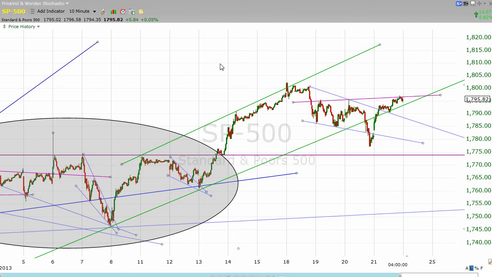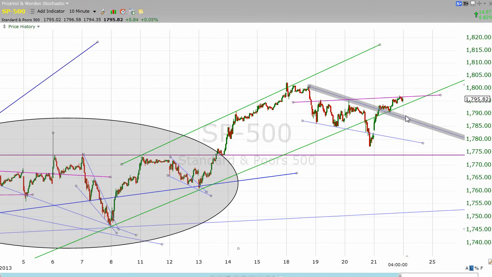So guys, pretty good day for the bulls. Erasing those losses of yesterday, regaining this channel, though not by a technically significant margin, and also breaking this resistance line.